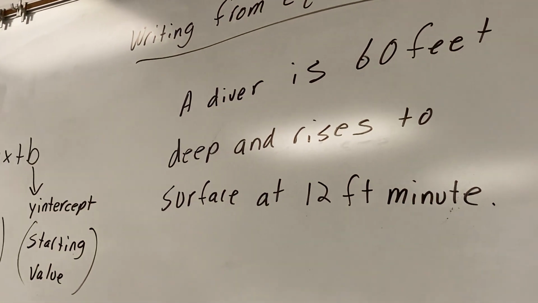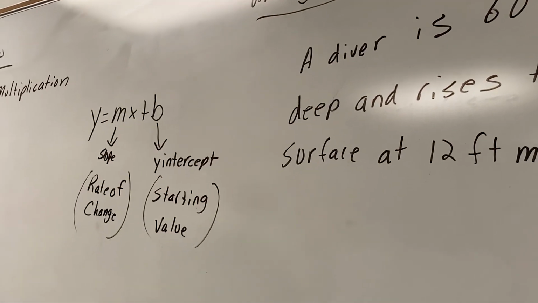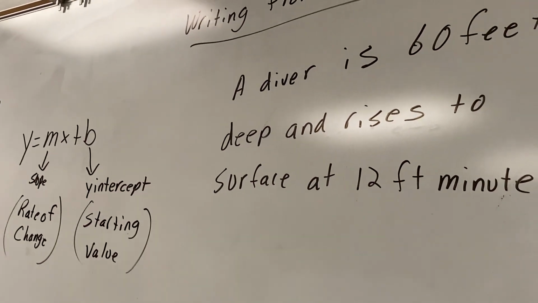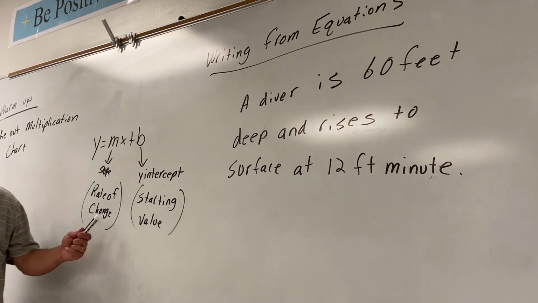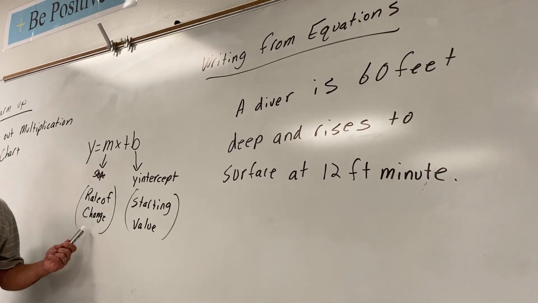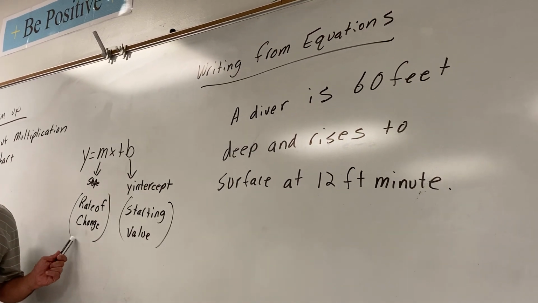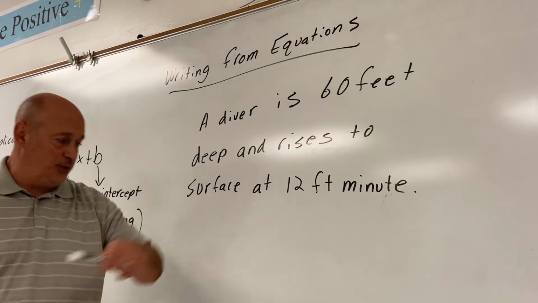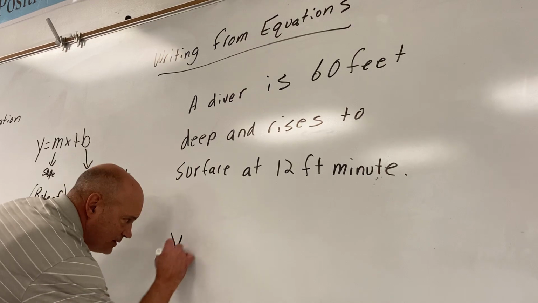Now, they're going to ask us to write the equation. Then they may ask us some more questions after we write the equation. Which one is going to be the rate of change? 12. Do y'all agree with 12 feet per minute? Yeah. So let's go ahead and write y equals 12x.